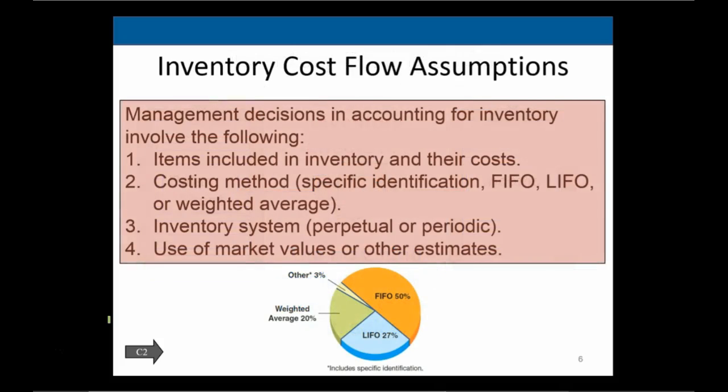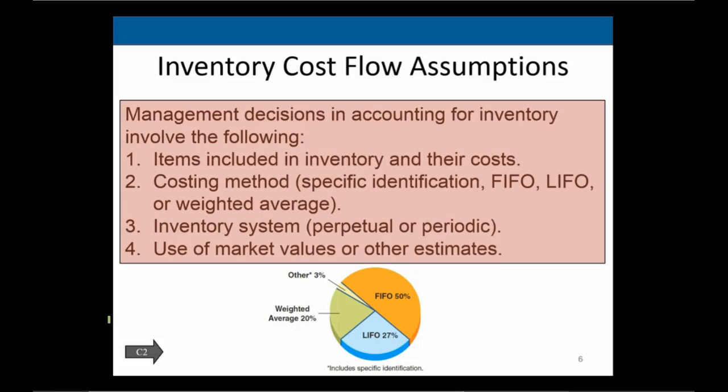Inventory cost flow assumptions. Management decisions in accounting for inventory are as follows: items included in inventory and their cost. So this is an assumption of the flow of inventory. Now, if we sell something big like cars, whatever car we sold, we know exactly what we bought that car for because they're very big and distinct.